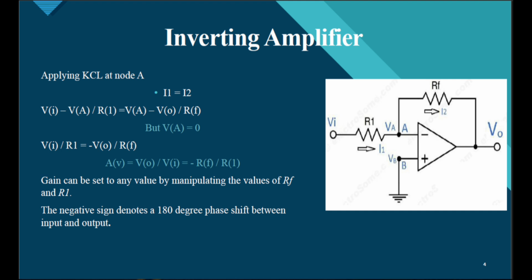So we can write Vi by R1 is equal to minus V0 by Rf. And we know Av is equal to V0 by Vi. So that is also equal to minus Rf by R1. So gain can be set to any value by manipulating the value of Rf and R1. The negative sign denotes a 180 degree phase shift between input and output.